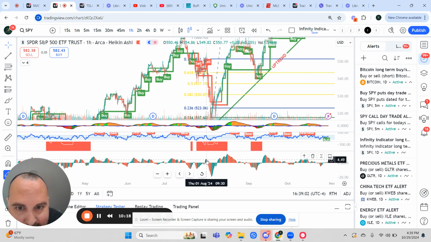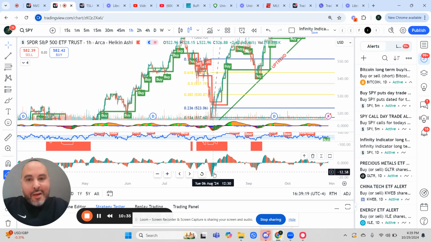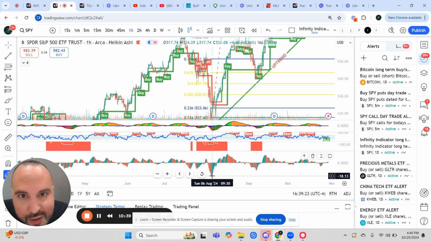We were kind of at this small peak here as we dropped, so here is where it went from red to green. When it's red, that's a bearish sign, and it's headed down. When it's green, that means it's the opposite.